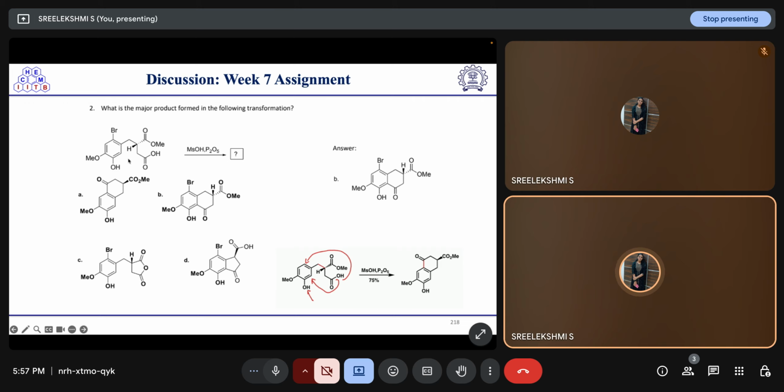That is the only possibility. This side is already blocked, and the other side would result in a 7-membered ring, which will not be favored. So this is an example of Friedel-Crafts acylation, and we will get compound B as the major product, and the stereochemistry of the starting material is retained in the product.